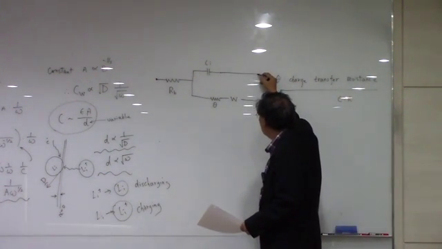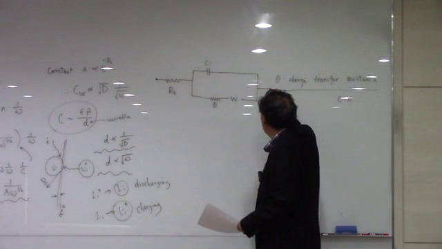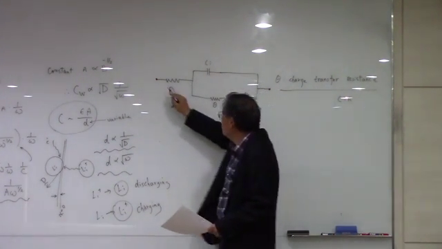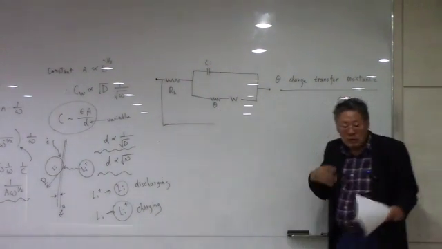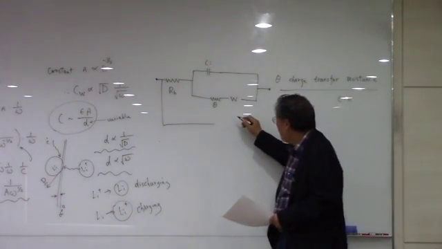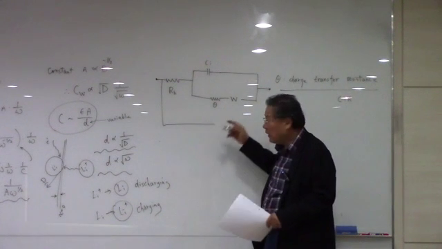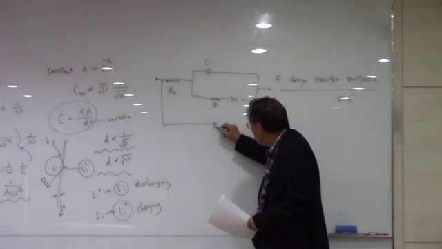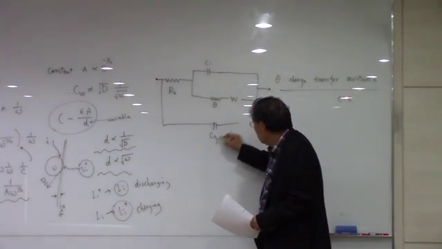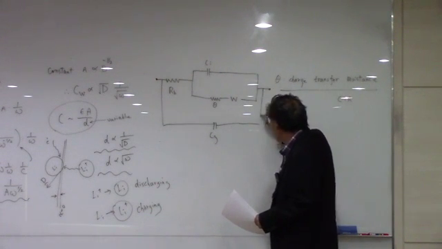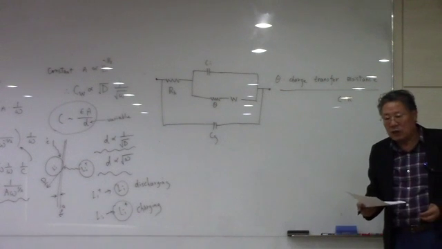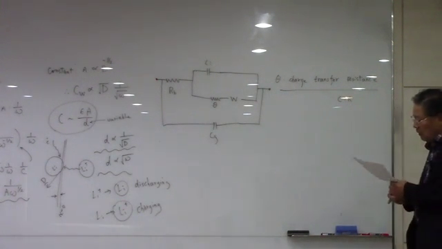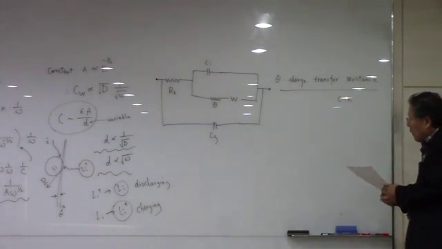Okay, so this circuit now is modified to accommodate the electron transfer and chemical diffusion process. So this is the final circuit analogy in a mixed conductor case, in most cases that we have.